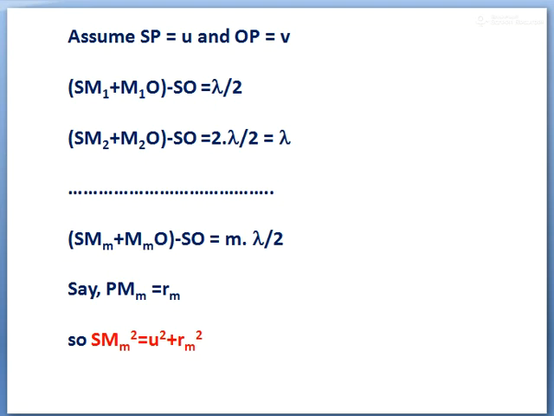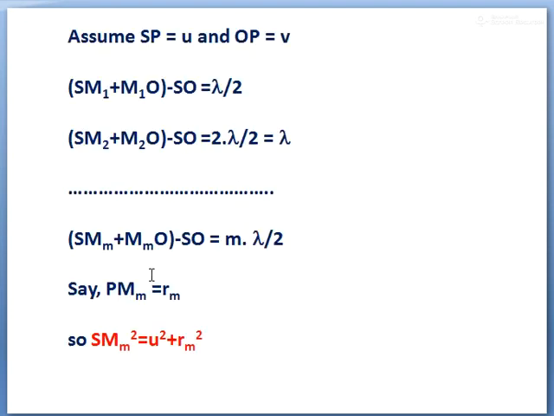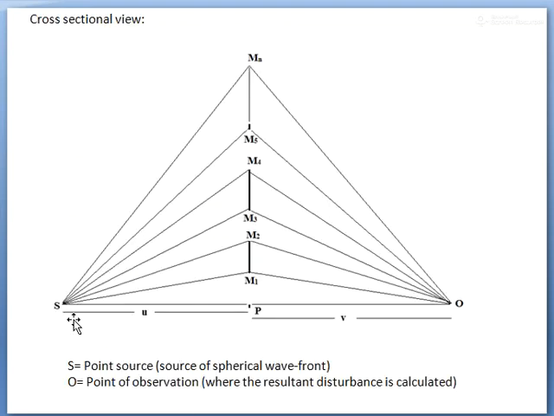Since this is the nth half period zone, the radius of this nth zone from the center P will be Rn. From the construction, SMn square equals SP square plus PMn square.